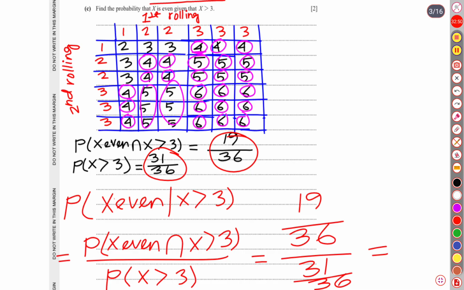Rounded to 3 significant figures, 0.613 is our probability. That's all about the solution to question number C.